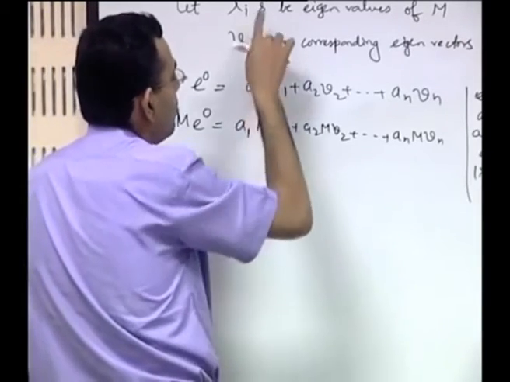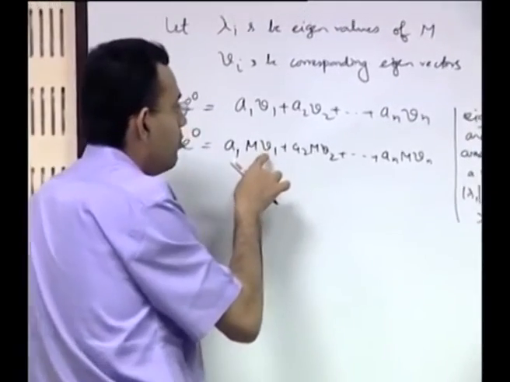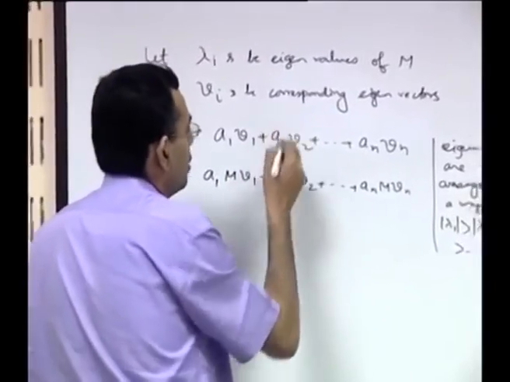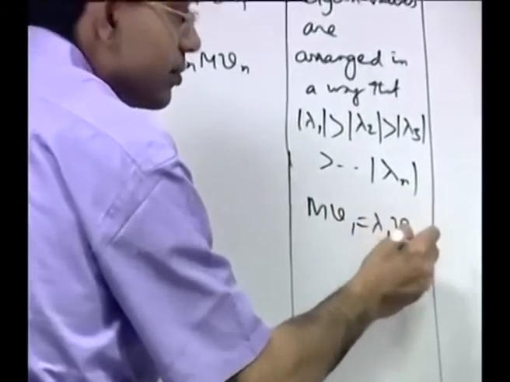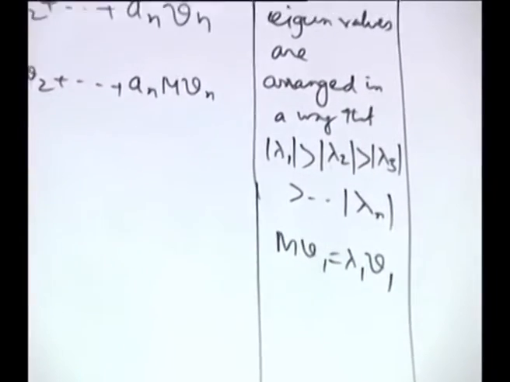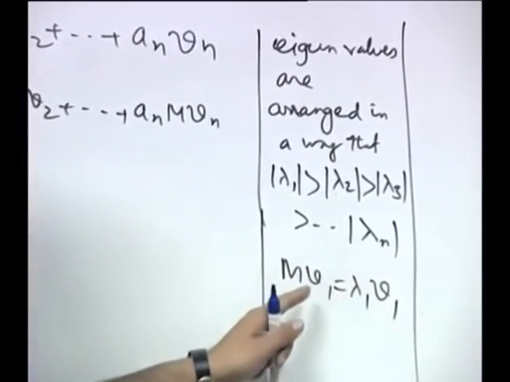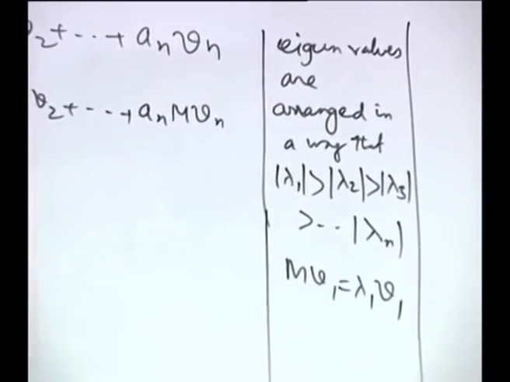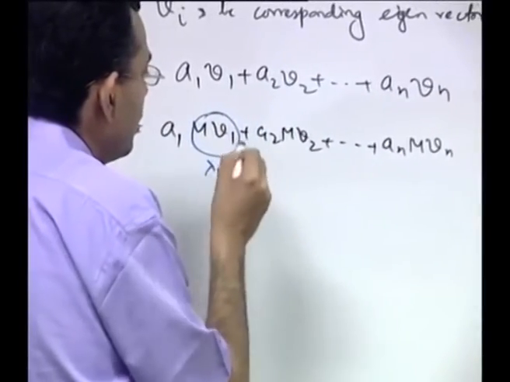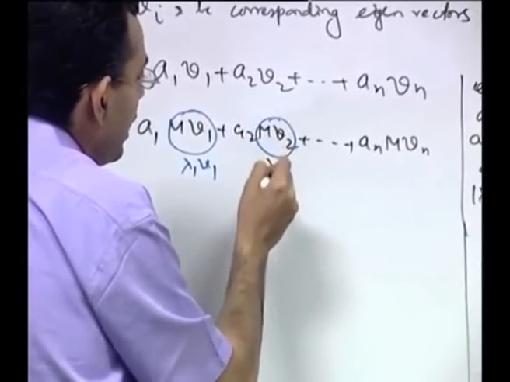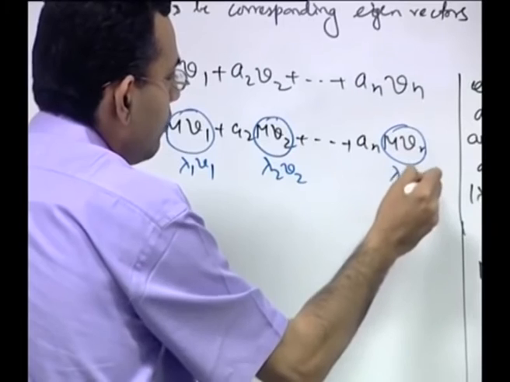Now, because lambda 1 is an eigenvalue of M and V1 is the corresponding eigenvector, we can write M V1 is equal to lambda 1 V1. So in place of M V1 we will write lambda 1 V1, in place of M V2 we will write lambda 2 V2, in place of M Vn we will write lambda n Vn.